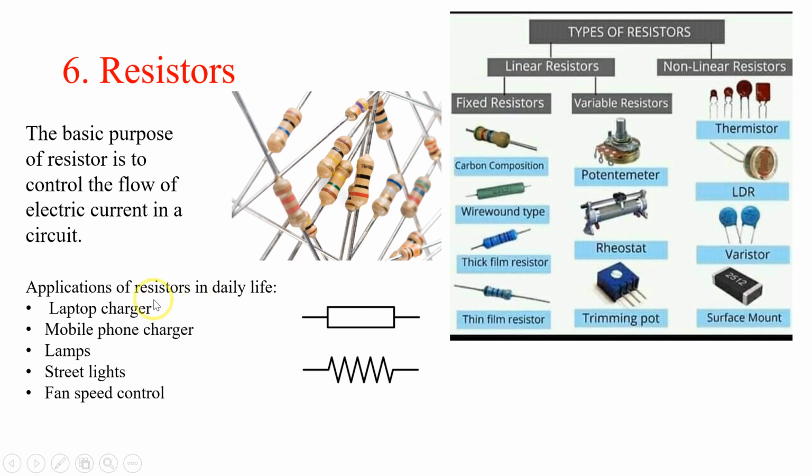Resistors are used in different things like laptop chargers, mobile phone chargers, lamps, street lights, fan speed control. You can see over here this type of resistor is being used in street lights. So the basic purpose of a resistor is to control the flow of electrons, and it has various applications in daily life.